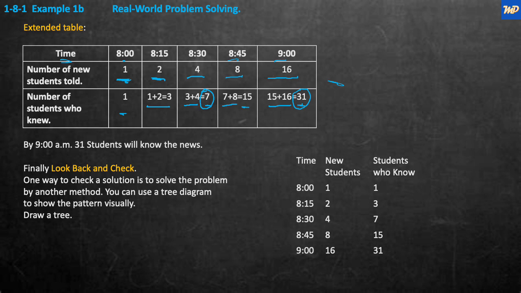You start off over here. You start with 1 person, and that person's going to tell 2 people, okay? And then those 2 people are going to tell 2 people, and here's 2 more people over here, and now this one's going to tell 2 people, and this one's going to tell 2 people, and this one's going to tell 2 people, and then this one's going to tell 2 people.